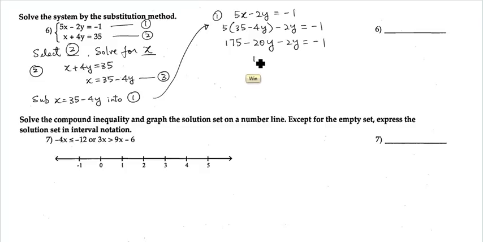Continue to simplify. We got 175 minus 22y is equal to negative 1. And so we got 176 is equal to 22y. Divide both sides by 22. Then we got y is equal to 8.